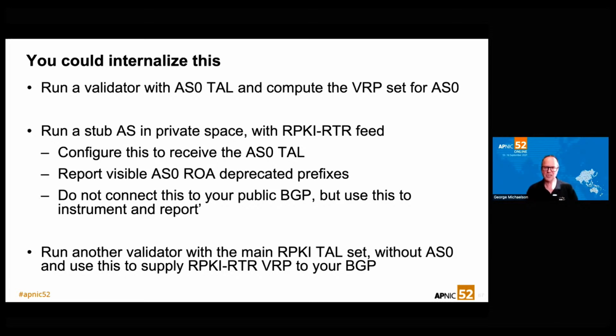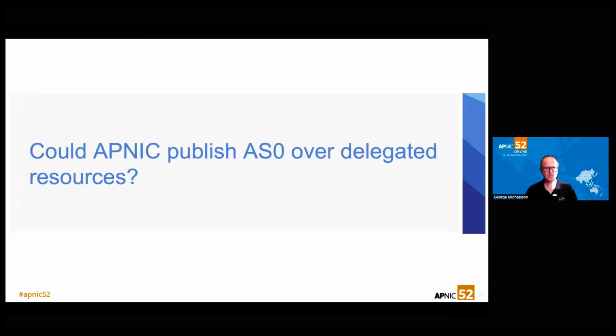Just use this to see a result of what happens, and then run a normal RPKI system with the main RPKI TAL integrated in BGP, get VRPs for this mainline, protect your routing. You now have two systems, one that directly configures BGP with RPKI trust, and one that configures a stub AS to tell you what you see. So here are some of the things.